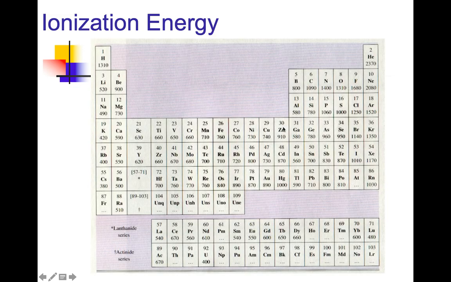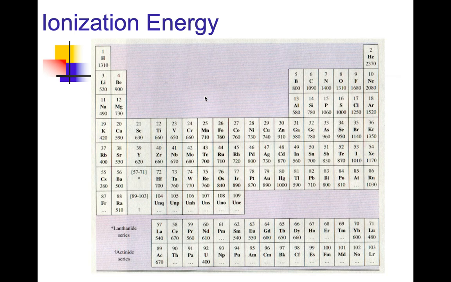So let me throw this up here for you, and you can take a look. This does include the D block and the F block down here, the lanthanides and the actinides, and see if you can come up with any trends as you go down a group and as you go across the periods.